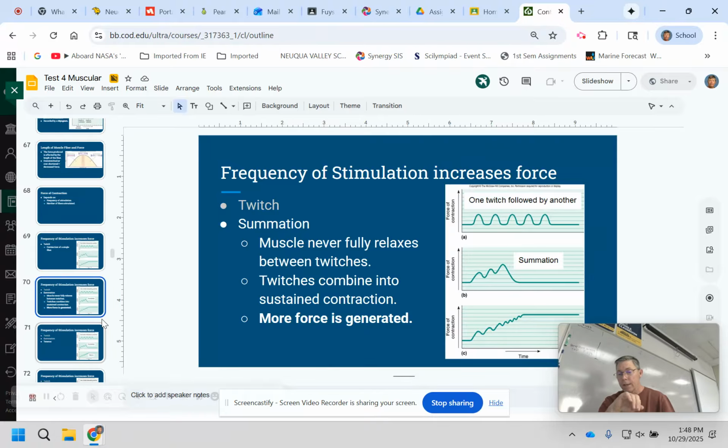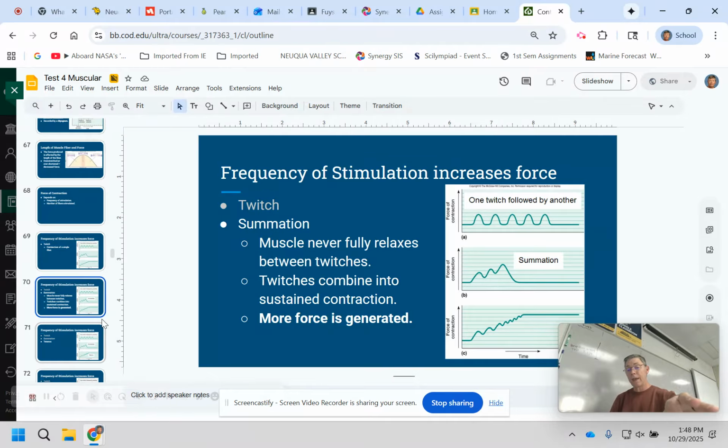But let's say there was a stimulus, so some calcium was shot out there and the muscle contracts, and the ATP started pushing the calcium back into the sarcoplasmic reticulum, but another stimulus comes before it all gets back in there. If another stimulus shows up before I could get all the calcium out, I'm going to get another shot of calcium released in there.